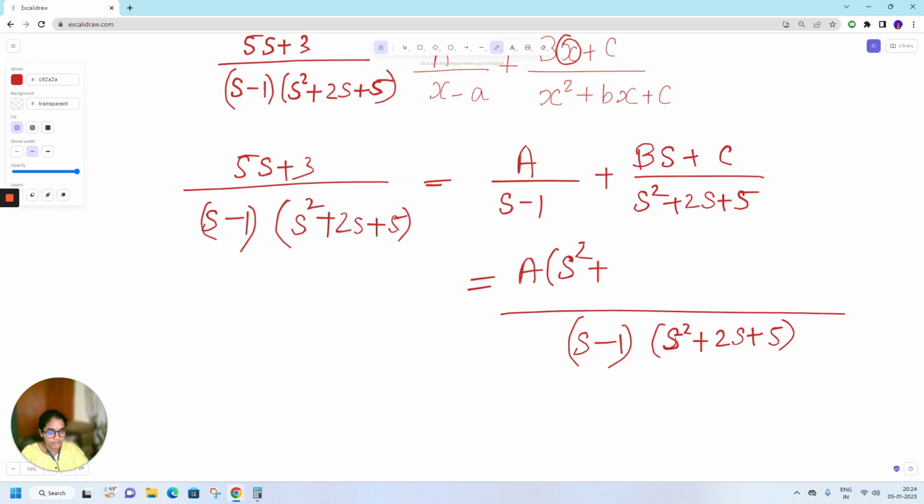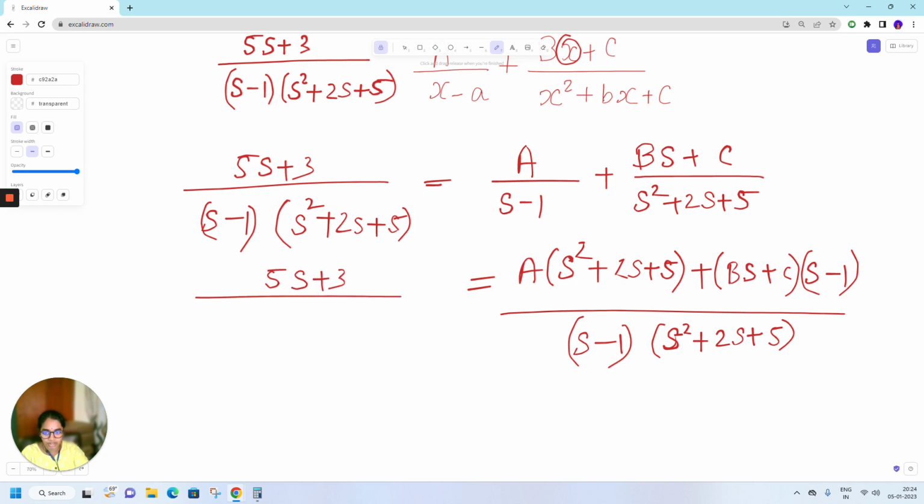So I'll write a into (s square plus 2s plus 5) plus (bs plus c) as it is into (s minus 1). Okay, so in the LHS, what do we have? Divided by (s minus 1) into (s square plus 2s plus 5).